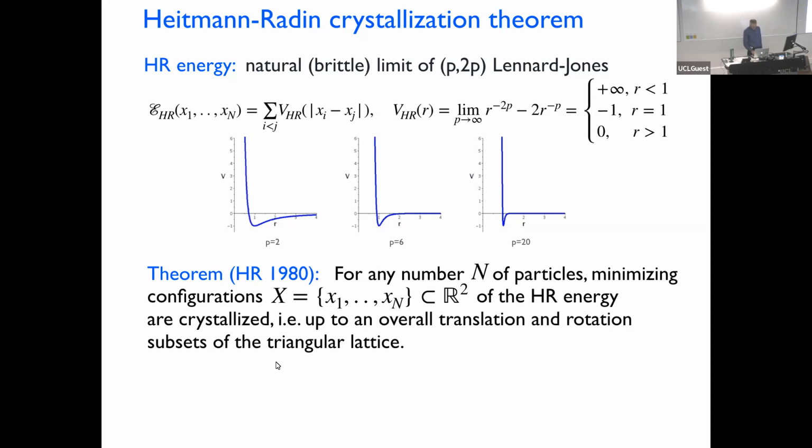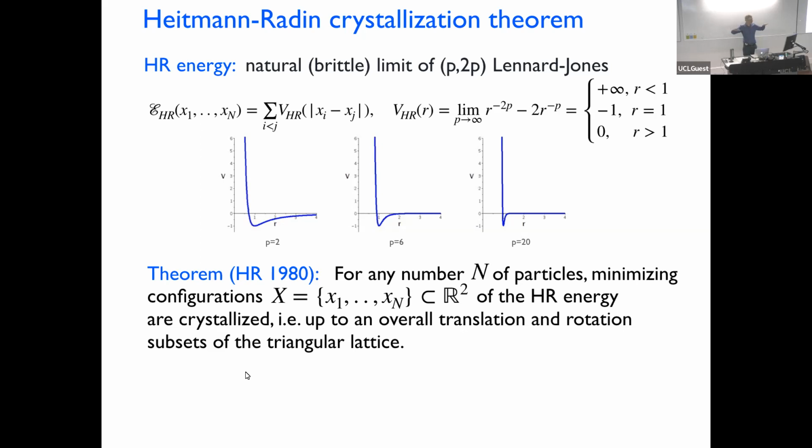And then there's the wonderful theorem that says that for any number of particles, minimizing configurations are, up to one overall translation and rotation, subsets of the triangular lattice. So it's a global rigidity. You only have one orientation across the whole ground state.